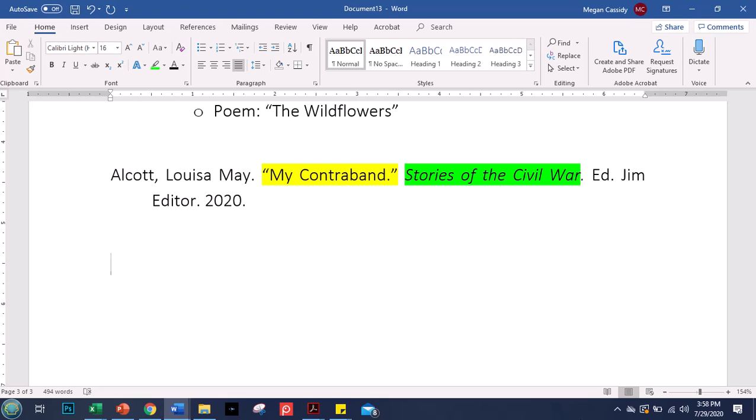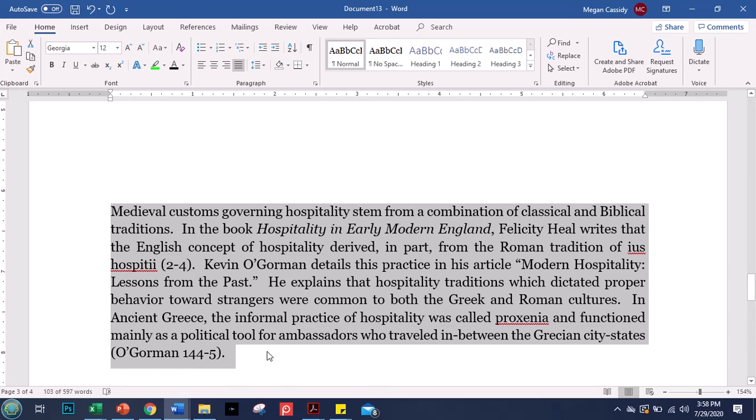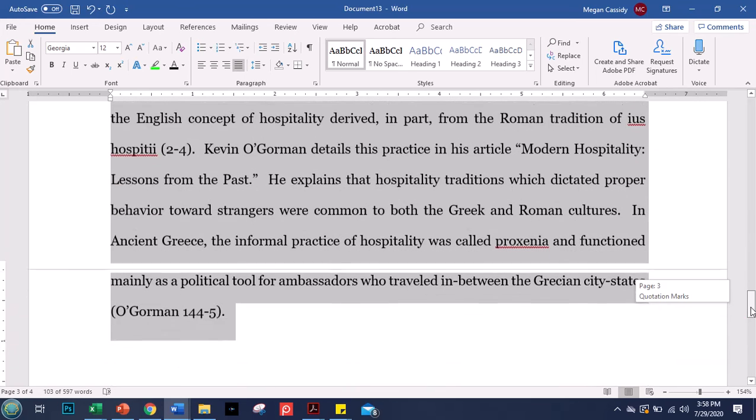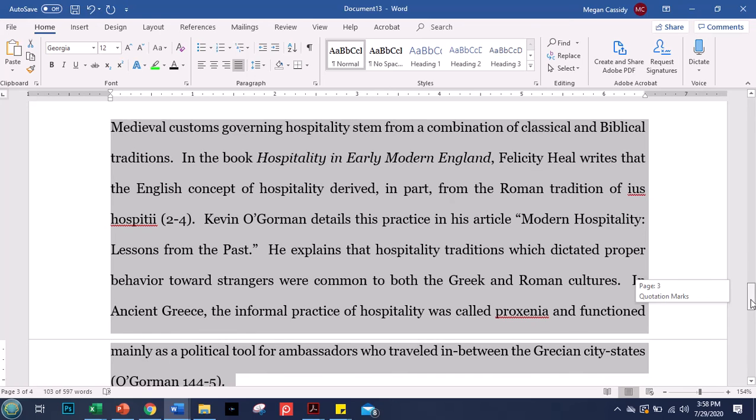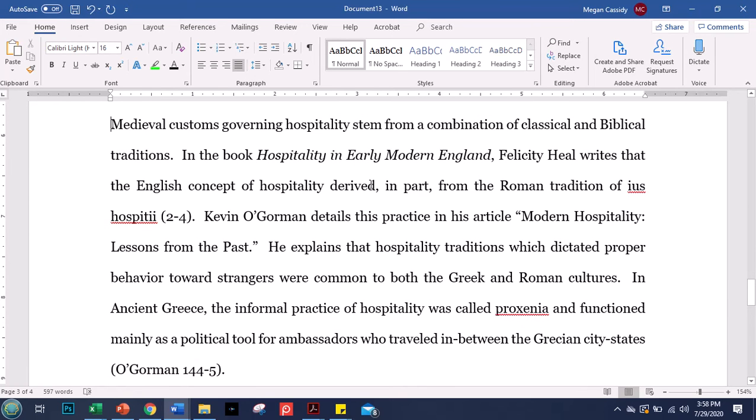So let's take a look at something that I wrote many years ago. Okay, this is from a paper that I did in school about Chaucer. If you've heard of the Canterbury Tales, that's what this paper was about. Now you'll notice that the Canterbury Tales are not anywhere in what I wrote here, because I was using other sources before I talked about that book itself.